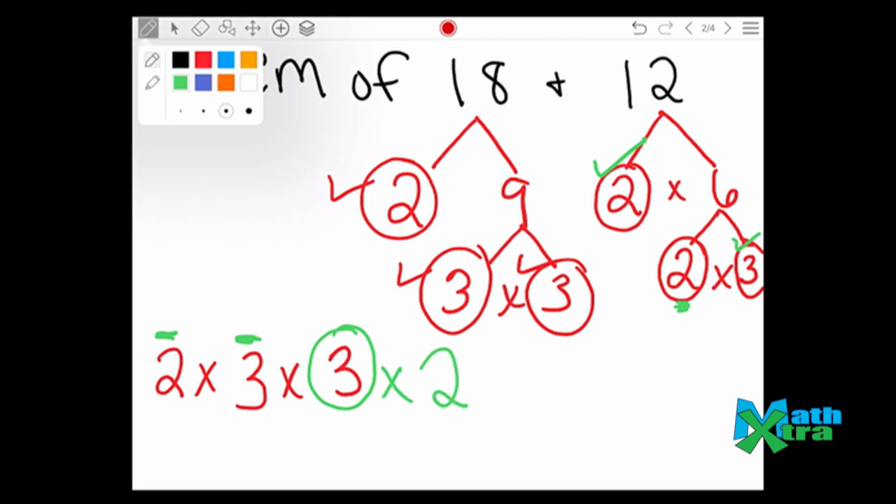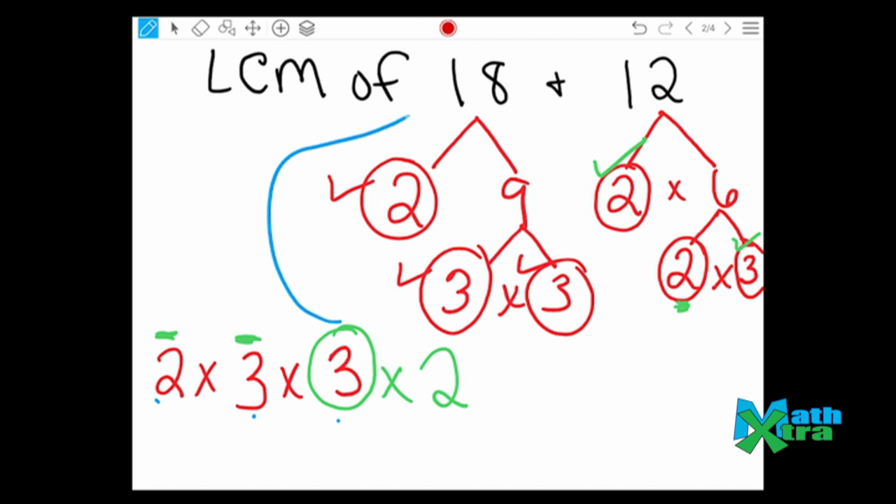So let's put it all together so it can all make sense. 2 times 3 is 6. 6 times 3 is 18. Remember, it has to be at least 18. It can be larger than 18, just not smaller. To give us our least common multiple, we need to figure out what prime number is missing from the 18, which is the 2.